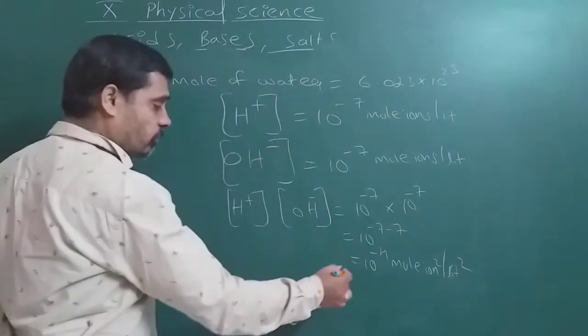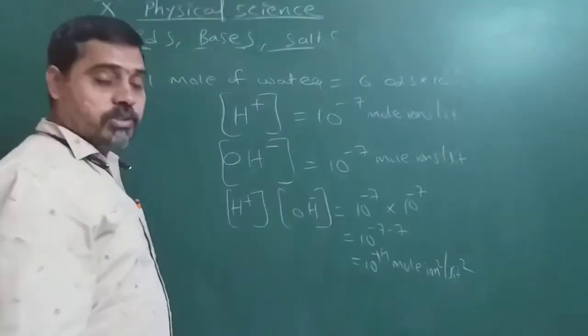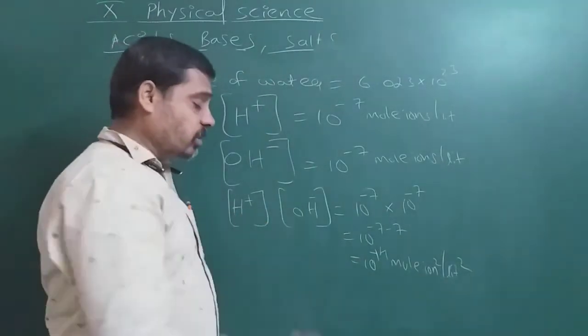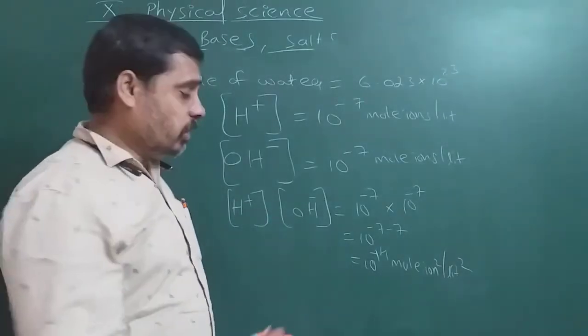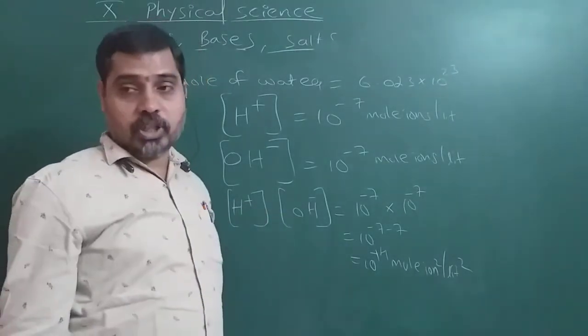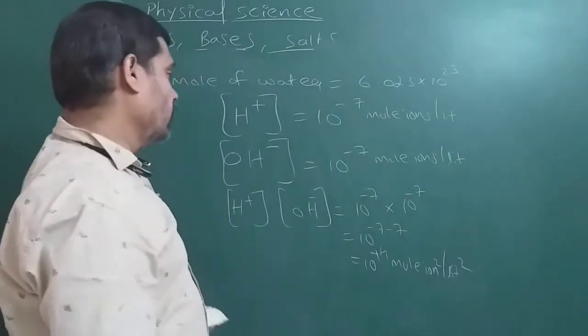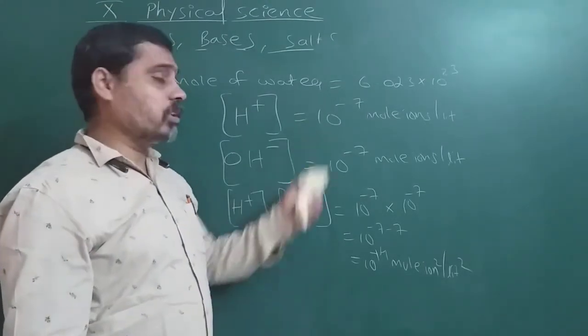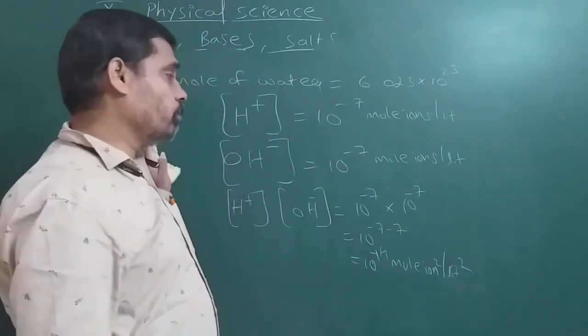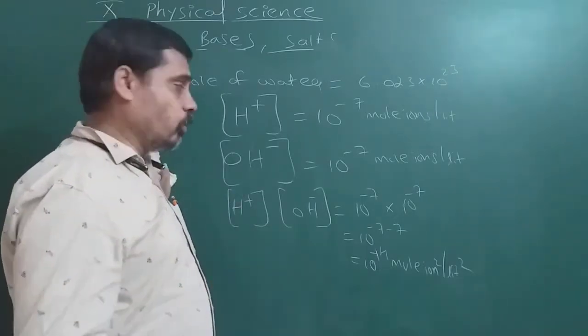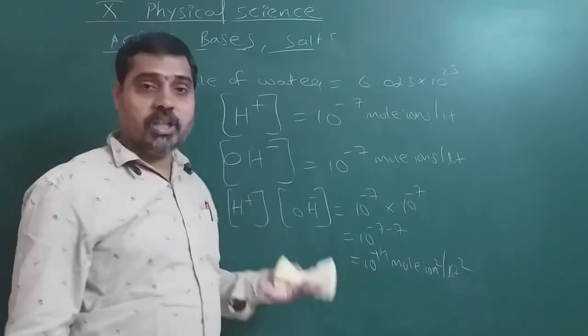This is the overall H plus ion and OH minus ion concentration in 1 mole of water. Then what will happen? We know that for acids the H plus ion concentration should be greater, meaning the number of moles of H plus ions should be more compared to OH minus ions.